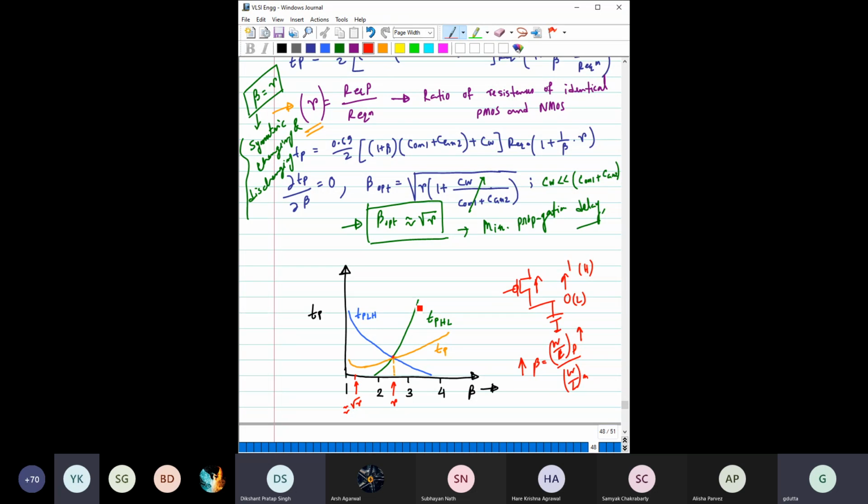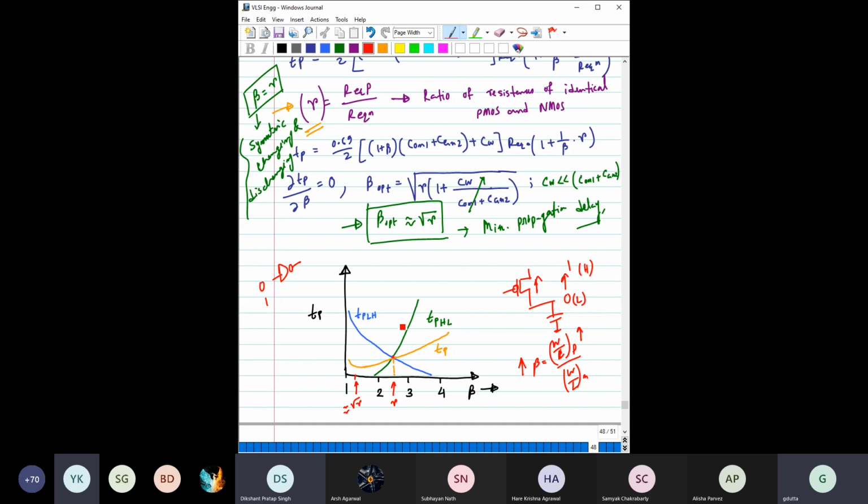Yes, we could have considered that, but what makes more sense is that, as a gate, suppose it is an inverter. Sometimes we are giving logic 0, sometimes logic 1, right? Depending on that, TPHL and TPLH may be significantly different.